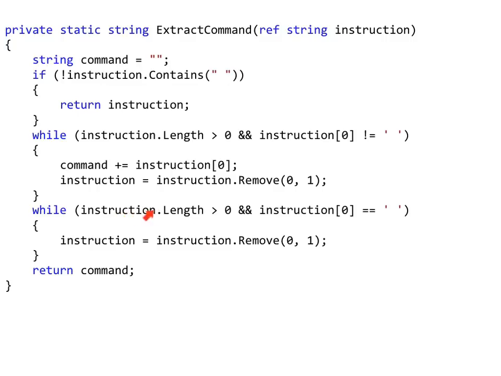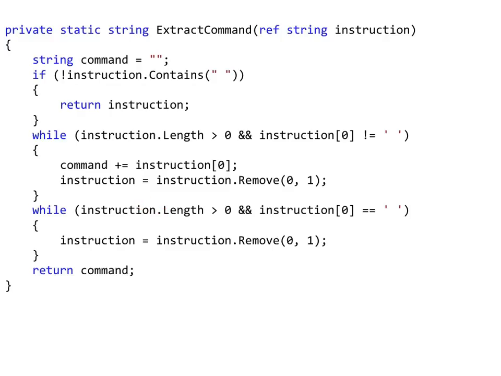So instruction has had the get removed from it, so it now consists of a space followed by TORCH, and this final while loop here will remove any leading spaces. So it checks if the length is greater than 0 and if the first character equals a space, and if it does, then it removes that first character and goes round it again.